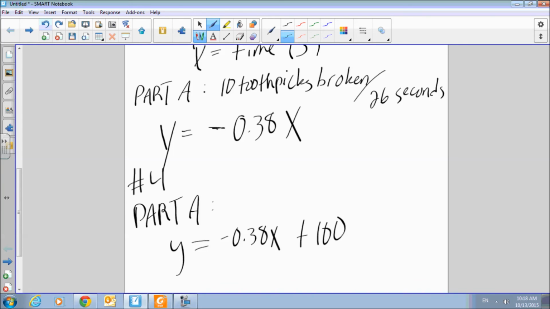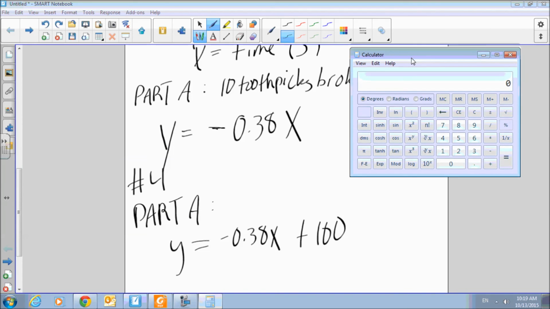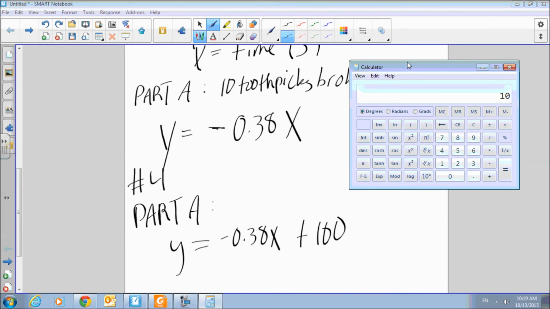And it says that 10 hydrogen peroxide or toothpicks are added each minute. But x is in seconds, right? So we need to convert that to seconds. So how many toothpicks are added each second? 10 are added each minute.